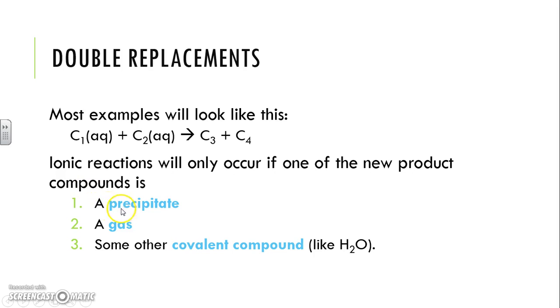So one of the new compounds would need to be a precipitate, a solid, a gas, or some other covalent compound like water. If, when you switch the partners of compound 1 and compound 2, everything just stays in solution, dissolved, then nothing has really changed about the system, and so no chemical reaction has taken place.